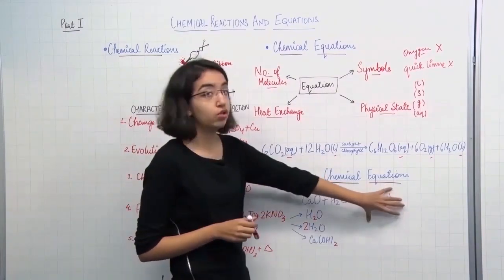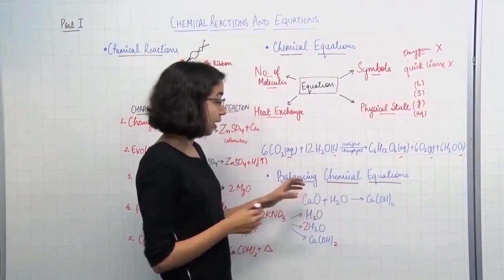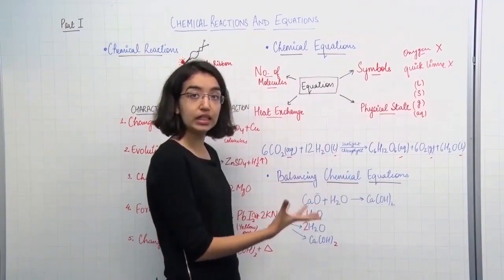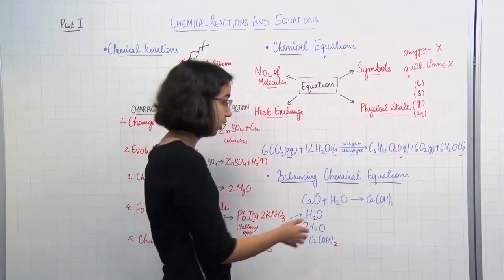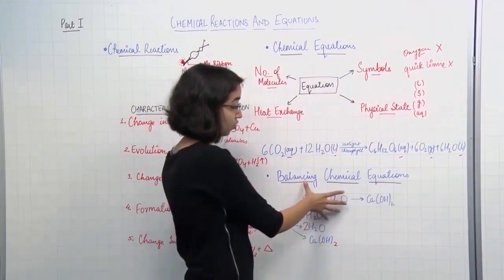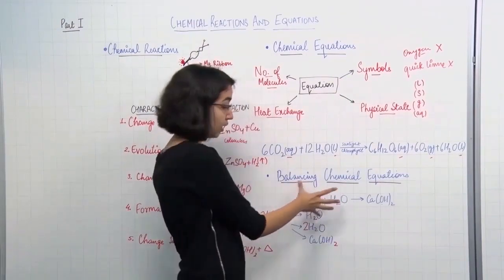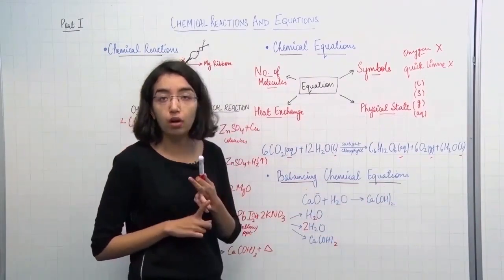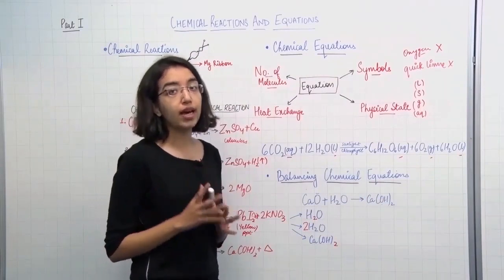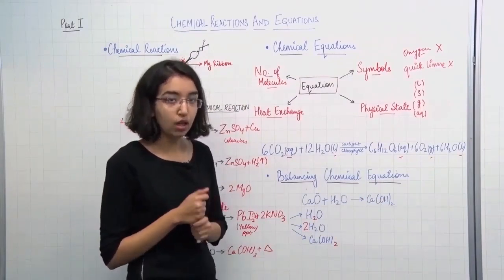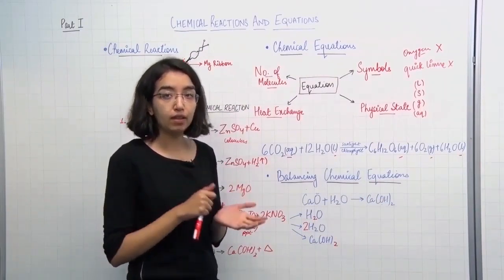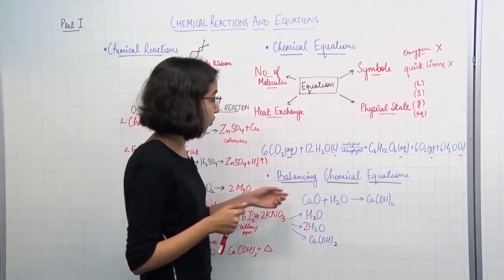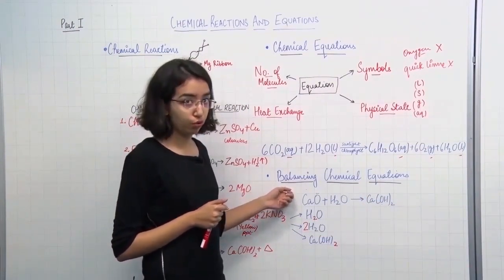So if there is an atom extra here, that means somehow in the reaction new matter is created, which is not possible. It can also be the reverse. If there are extra atoms here, it means something was here but then it was destroyed. Matter cannot be destroyed and matter cannot be created. So to satisfy the law of conservation of mass, so that no new matter is created or destroyed, we follow the balancing of equation rules.